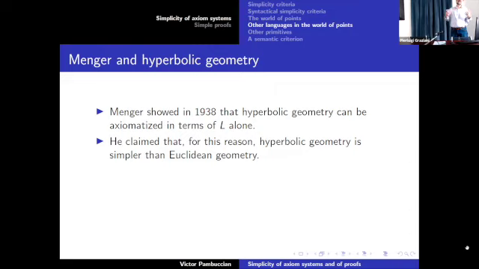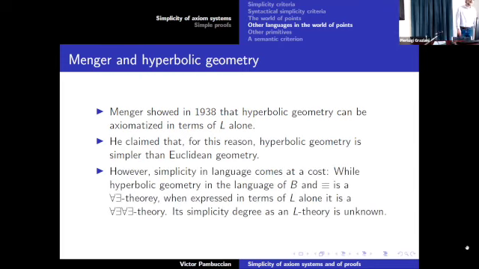Collinearity seems like a very simple thing. The formal system doesn't know that it says that and doesn't know that it's simple, but still he thought that's a case for hyperbolic geometry being simpler than Euclidean geometry. So I looked at this statement to see if it holds water, and I could show that that's not quite the case.